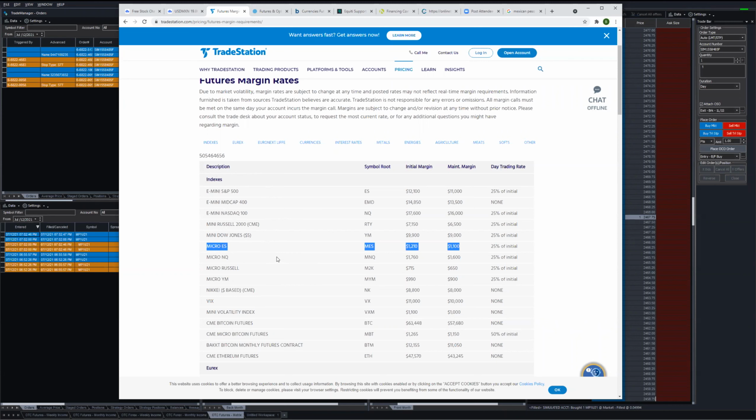But we can make our life much easier. We do what we just did on the Mexican peso: we place an order, buy or sell, one contract, market, and then we see the tick value. Then we can also look at the point value, write it down, and we have the point and tick value.